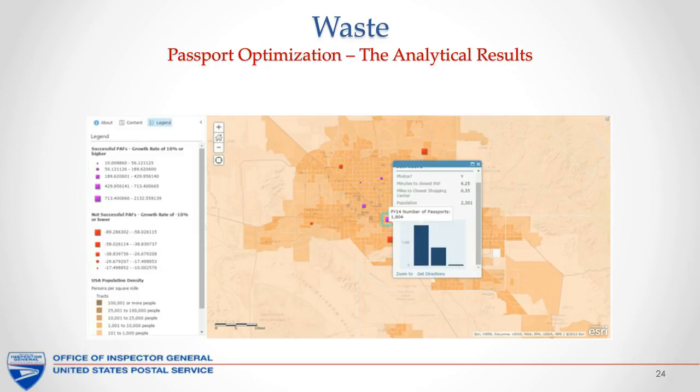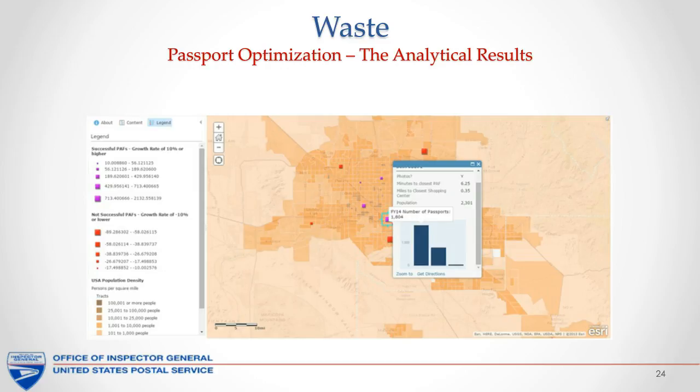And again, we have a pop-up here to give more information about the type of services and the hours that they're open. And then there's a nice little bar graph at the bottom of the pop-up that shows the number of passports by FY. So you can see this particular one is really increasing with each FY.